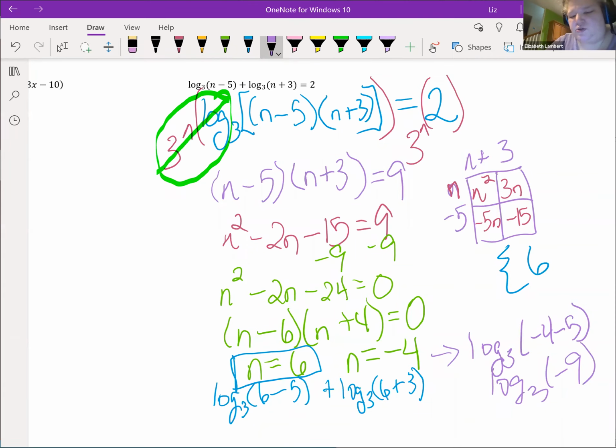And if you tried to type that in the calculator using the change of base formula, the calculator would say error, not in domain. Sometimes it just says error divide by 0 for all of them, but I think this is one of the few times where it gives you the other error message. So that is enough to say nope. Now it turns out it's also negative in the other, but once we get one of them, just check it out. So that means up here, 6 is the only solution.